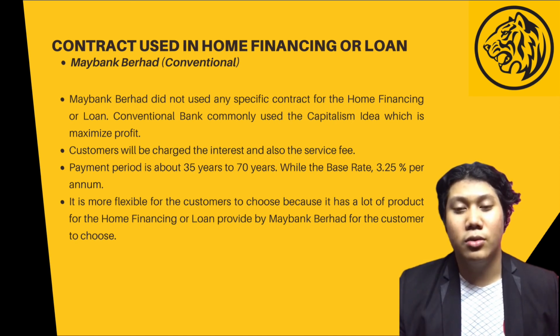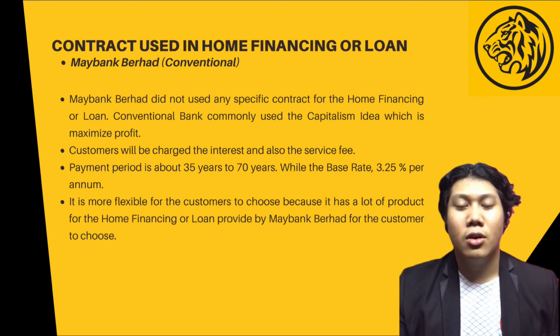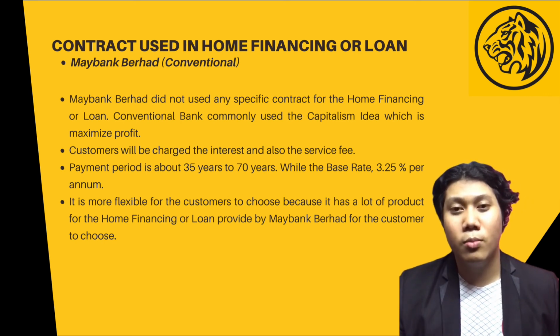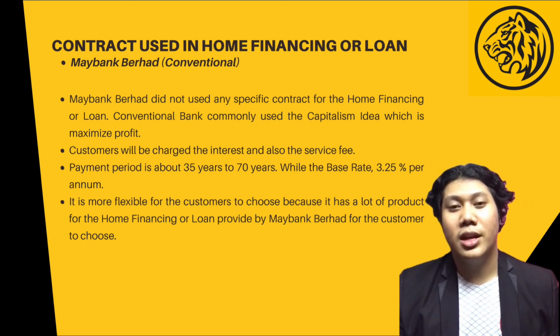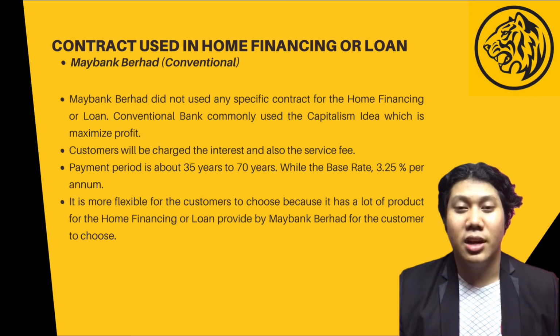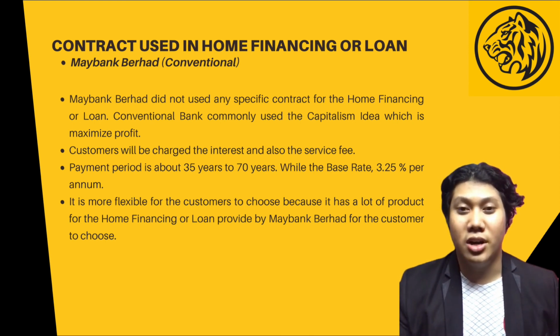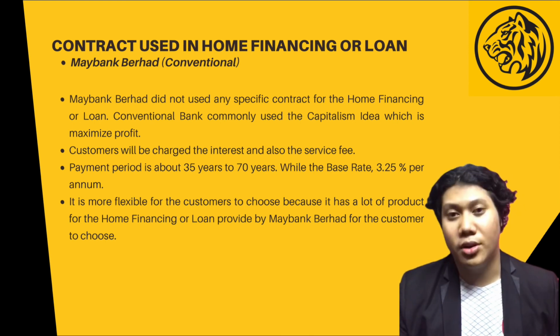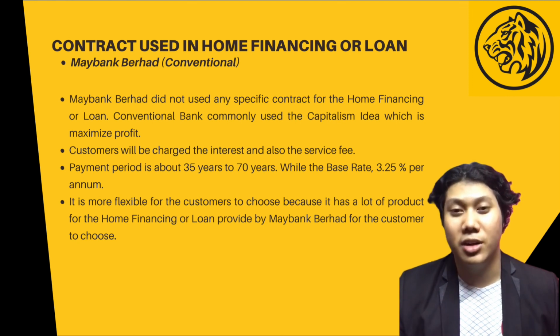The staff and also the Maybank Berhad systems are actually very organized, because all their financing products, all their home loans or home financing, will be much easier, especially for the customers, and also flexible for the customers to make the choice, because there are a lot of home financing products for Maybank Berhad.